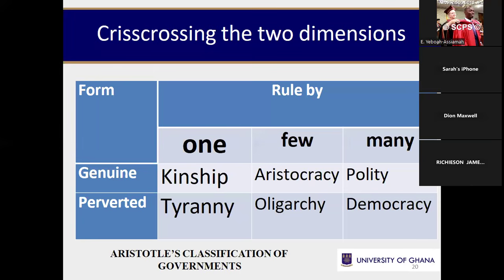But here is the twist by Aristotle. You see, Aristotle has some weird views about democracy. So his views will reflect here. If it is a rule by many people, but in their own selfish interest, that's a perverted form. He calls it what? Democracy. That is Aristotle's view.